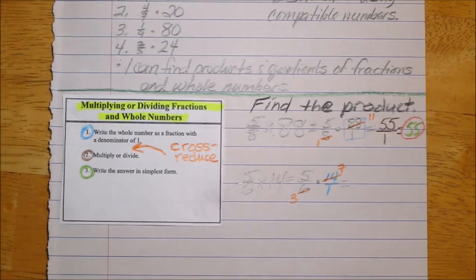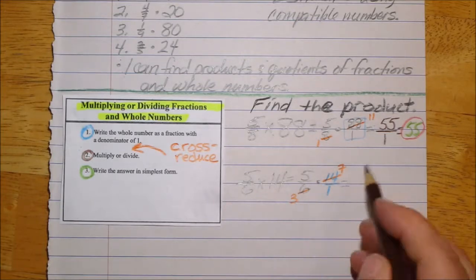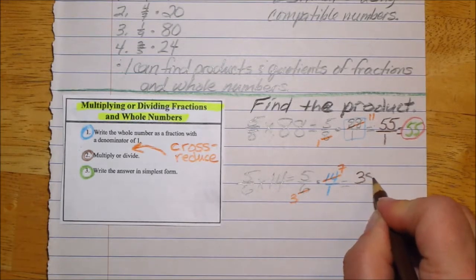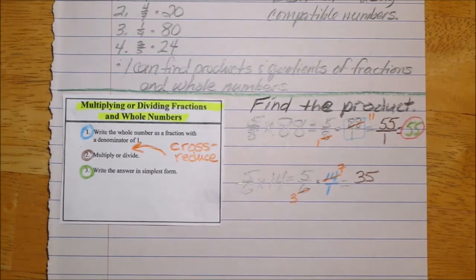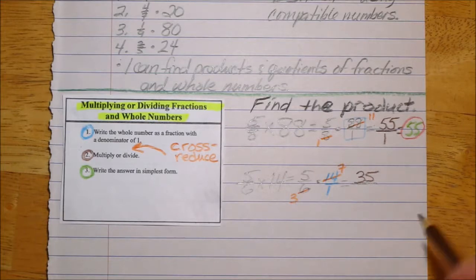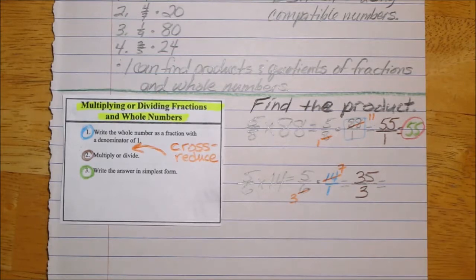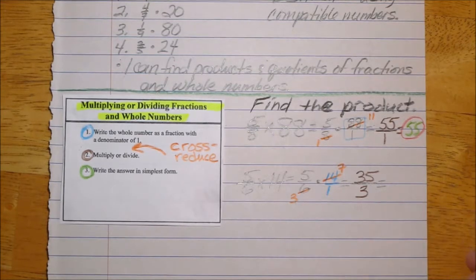Now the next step is to do the multiplying. So I multiply my numerators across. 5 times 7 is 35. And 3 times 1 is, of course, 3. Now that's an improper fraction. We can't leave it that way. So we've got to figure out how many times 3 goes into 35.